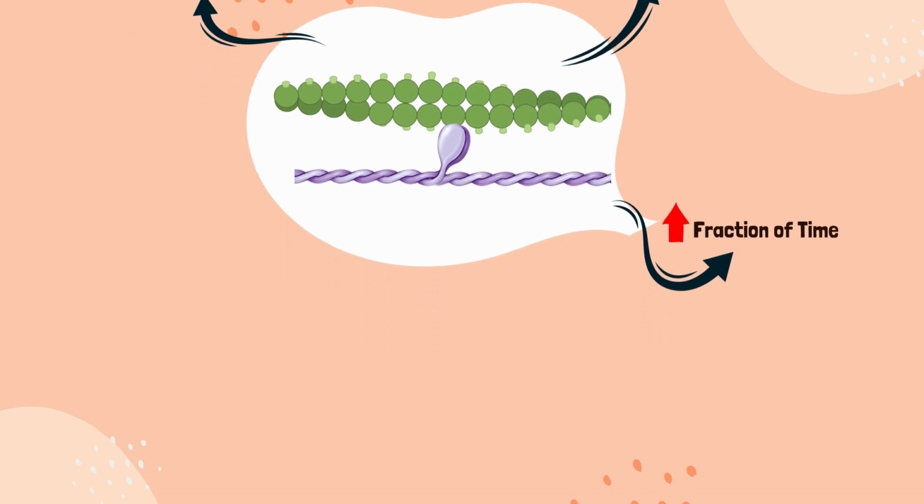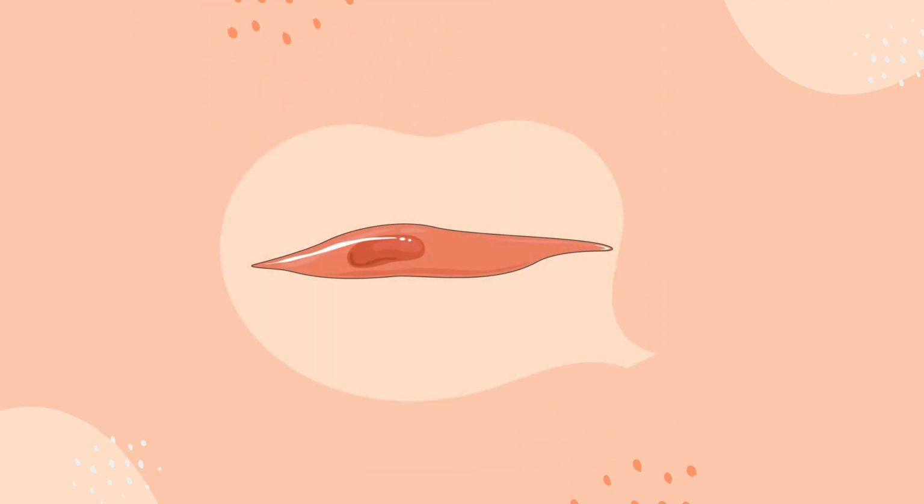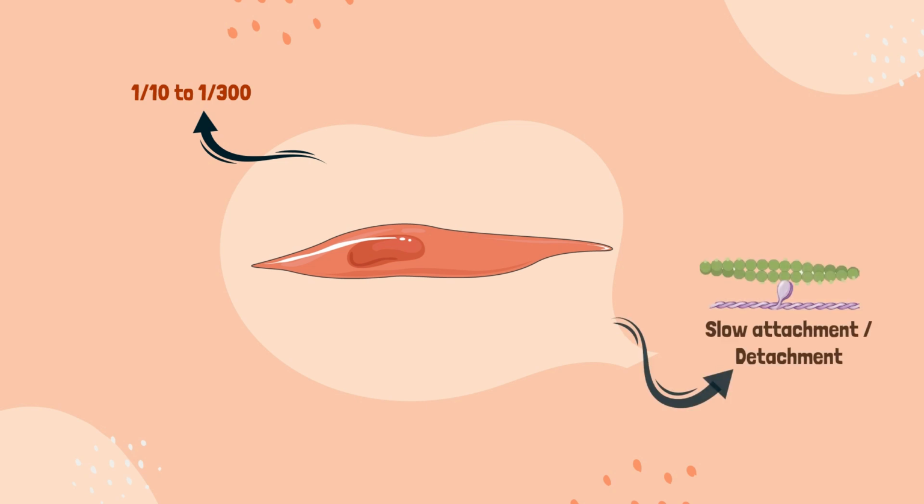Second is the low energy requirement to sustain smooth muscle contraction. Only 1/10 to 1/300 as much energy is required to sustain the same tension of contraction in smooth muscle as in skeletal muscle. This too is believed to result from the slow attachment and detachment cycling of the cross bridges, and because only one molecule of ATP is required for each cycle, regardless of its duration.